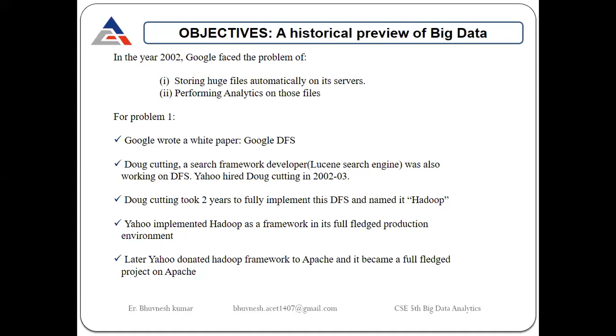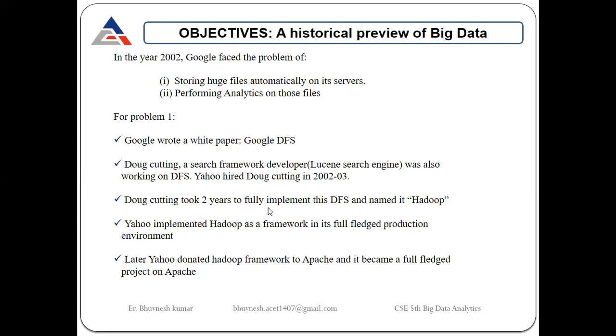Google wrote a white paper report to solve its problem of storing and analyzing the file system, and after that Cutting took 2 years to fully implement this distributed file system and named it Hadoop.